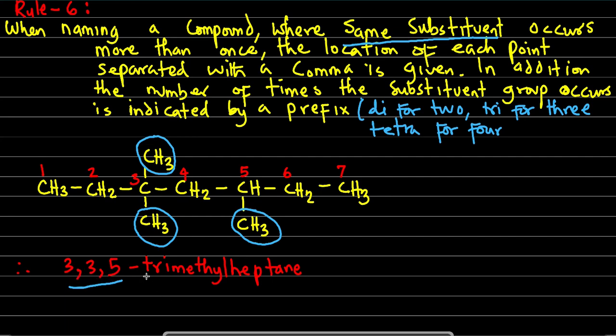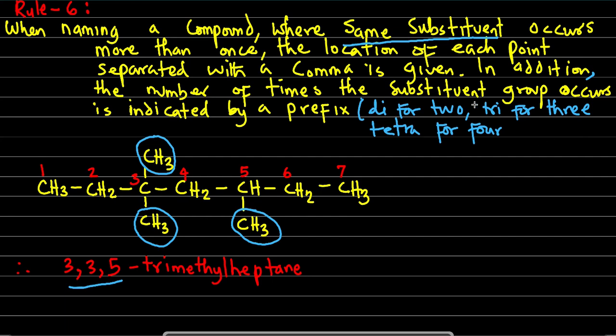So we have 3 substituents here. If we said in addition, the number of times the substituent group occurs is indicated by a prefix. If you look at this particular compound, we have CH3 appearing 3 times. So for us to name this, you represent the position numbers of these 3 substituents that are the same, and then you look for the prefix that suits 3.